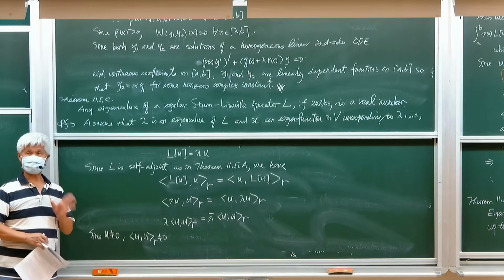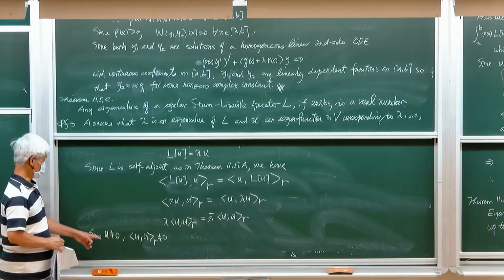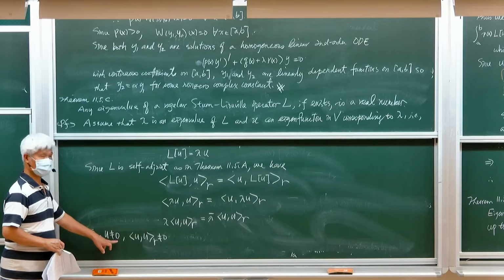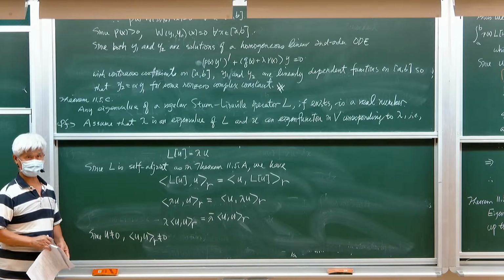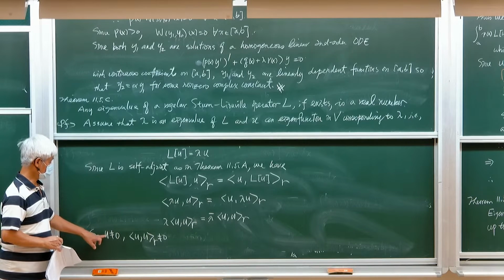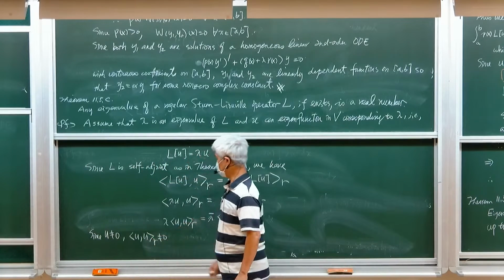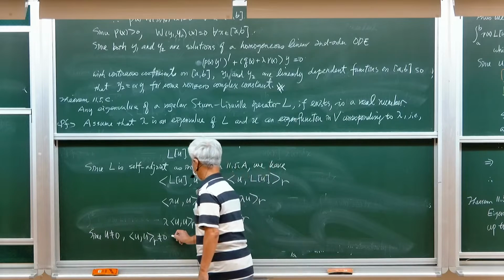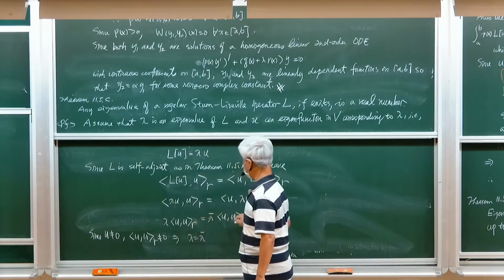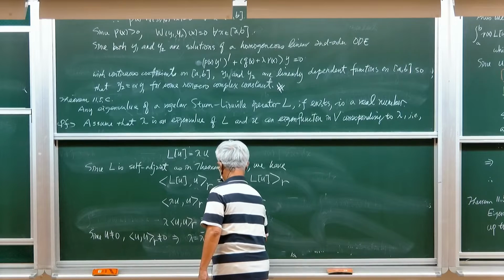Remember, U is continuous because U is continuously differentiable. So U cannot be equal to zero almost everywhere, and the inner product is non-zero. This implies that lambda is equal to lambda bar, because you can cancel them, and this implies that lambda is real.